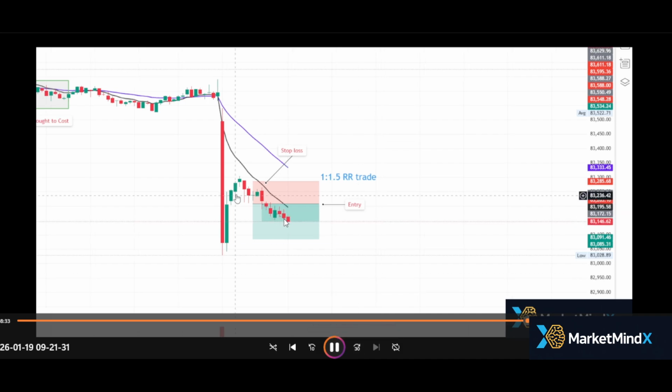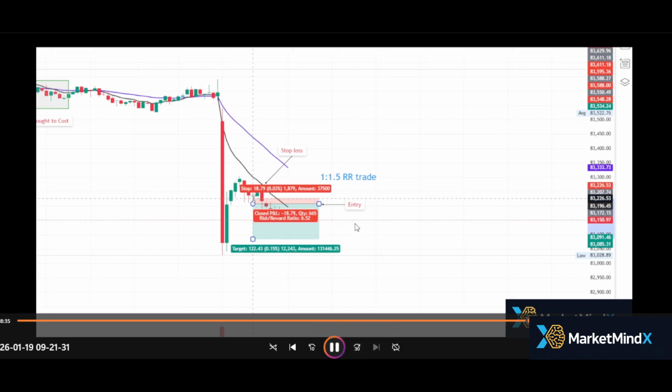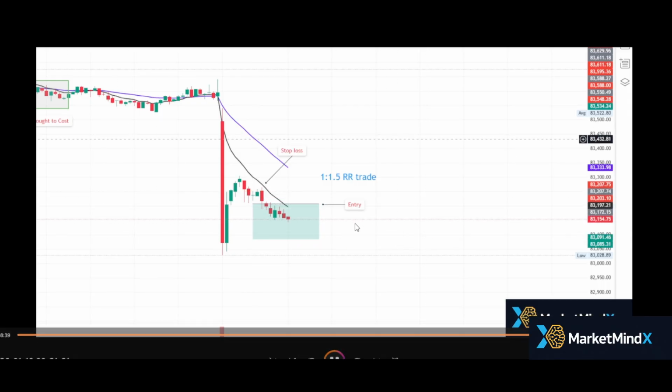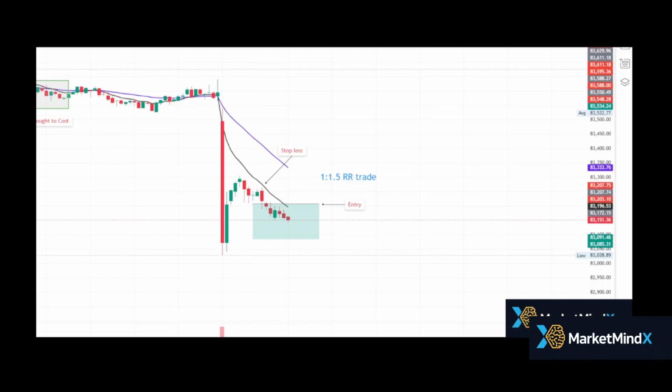When this candle came and closed here, I confirmed that we have given enough time and enough space for the price to move in our favor, and I brought the stop loss to cost. Here I have also mentioned that I have brought the stop loss to cost, and now this trade becomes risk free. Now we either don't lose or we take profits from the market.